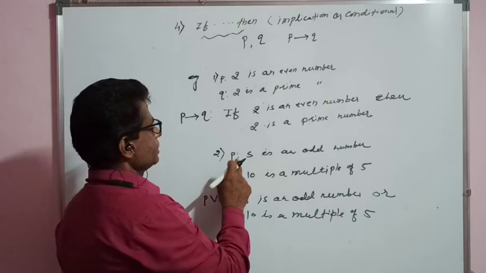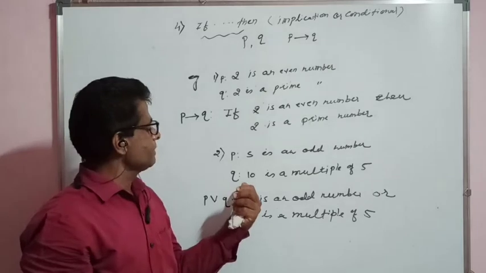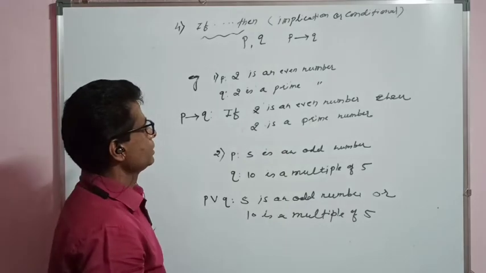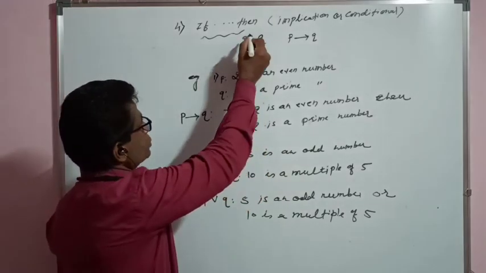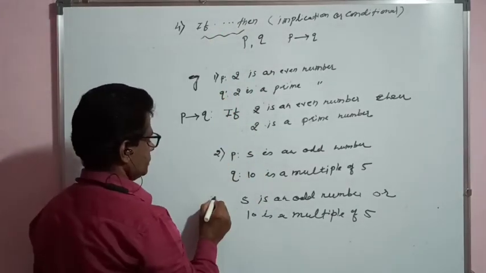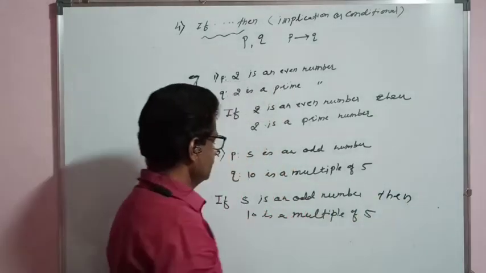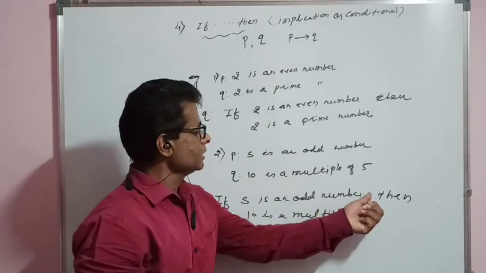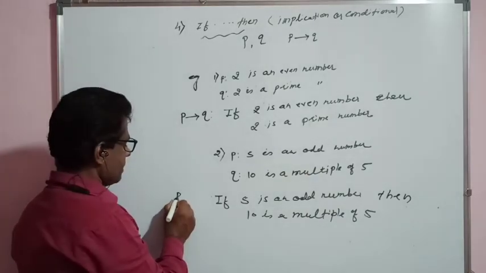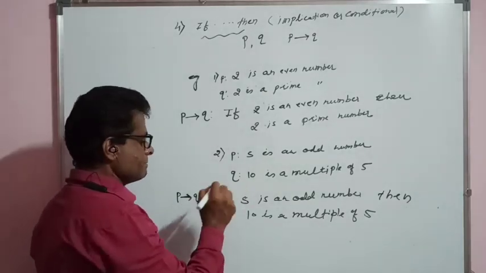Let P be the statement 5 is an odd number. Q be the statement 10 is a multiple of 5. We combine these two statements by using the connective if then. So it begins with if. If statement P, then statement Q. Means what? If 5 is an odd number, then 10 is a multiple of 5. Symbolically represented by this. P conditional Q or P implication Q.